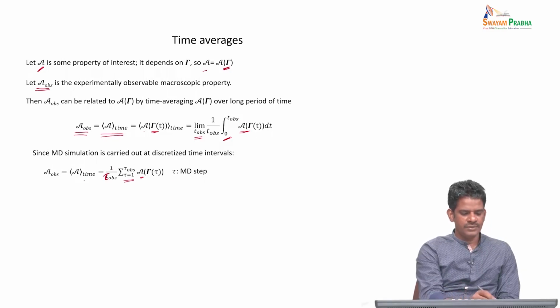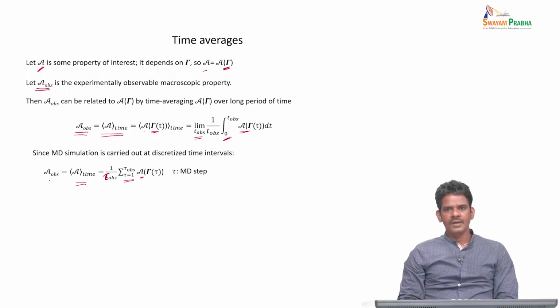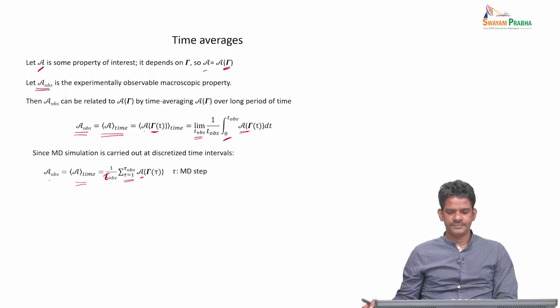That should also give you a time average, and that should be equal to the observed quantity in the experiments. So this is how we do time average using a trajectory of microstates for a given property A.